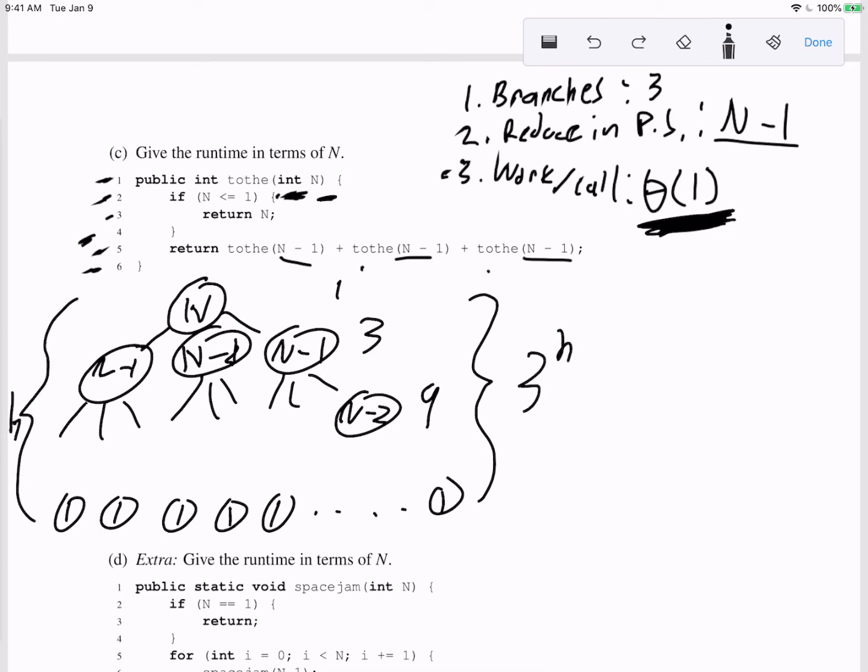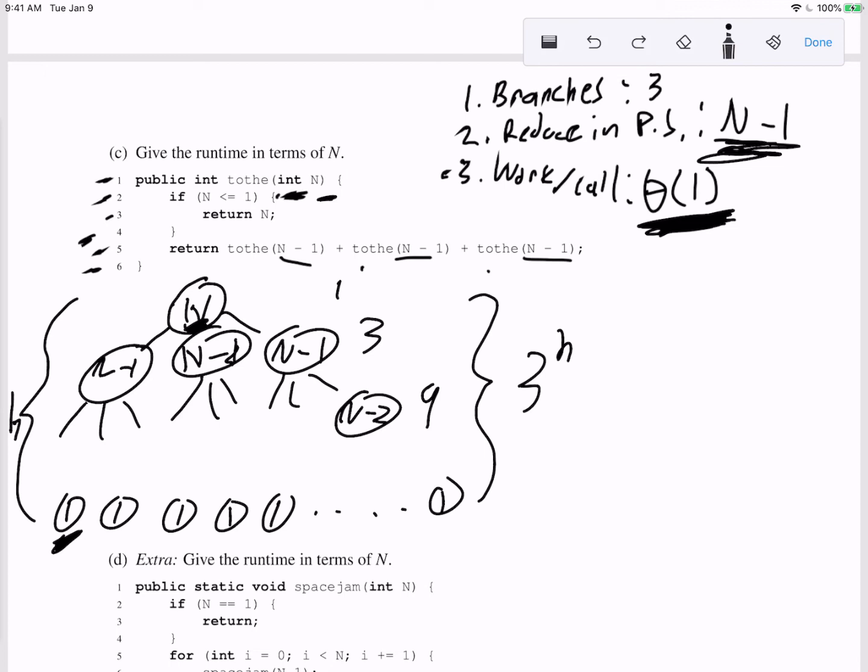And the total number of nodes is just going to be theta of 3 to the h, right? Because 3 is the branching factor. Okay, so what's the height of this tree? Well, it's however long it takes to go from n, the original problem statement, to the base case, 1. And how do we reduce our problem size? Well, from here, we know we go by 1.